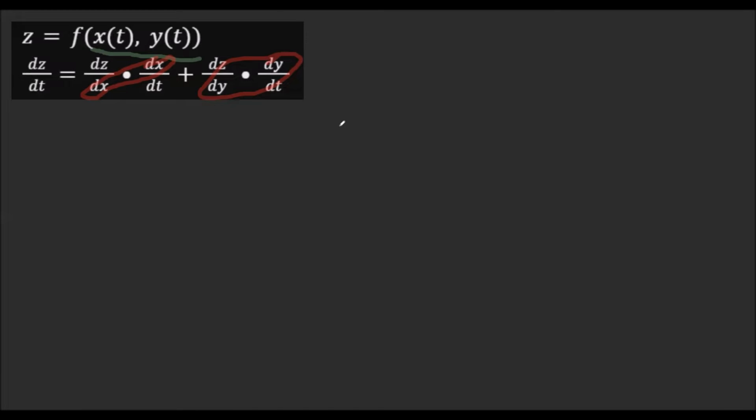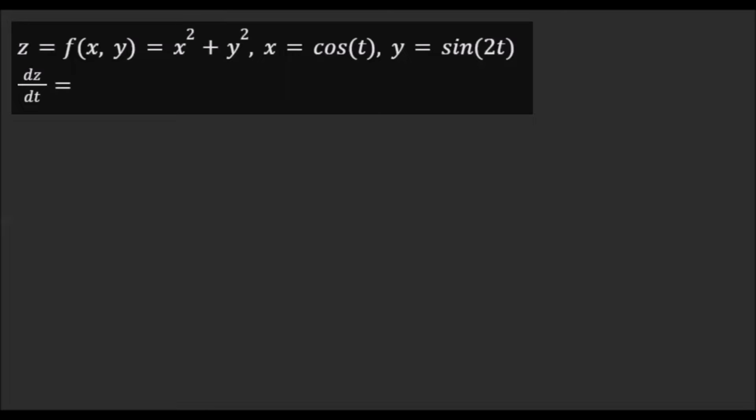Keep in mind that these are just intermediate equations, x of t and y of t, and so it's quite simple to find the derivative of their parent equation, z. That's really it for the lesson portion of this video. As I said, it's a pretty simple topic.